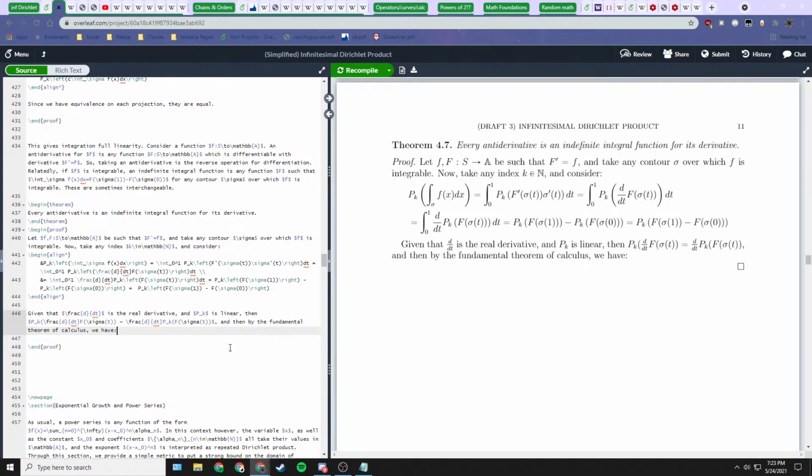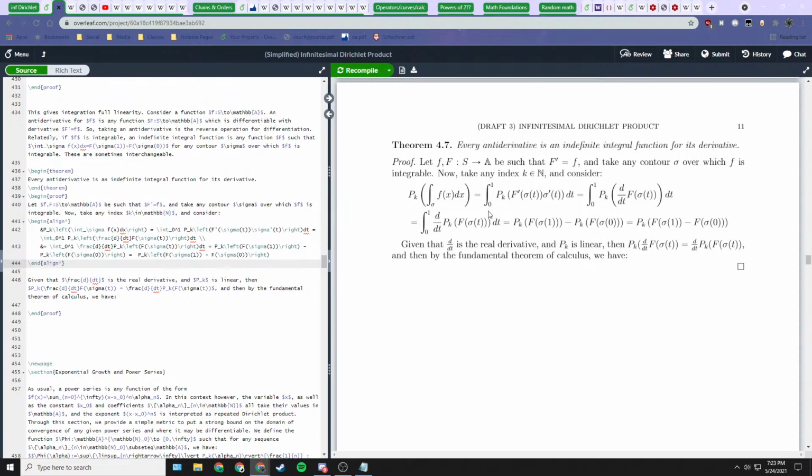Okay, so we've got this projection. We can pull this in through like that, and then with the substitution rule, rewrite the f prime. This is just this. If we would like, we could be explicit about this.